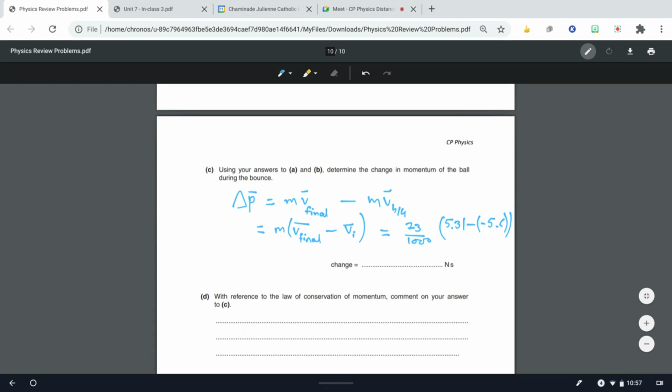So what should your answer be then? 5.31 plus 5.6, since that minus would change, times 73 divided by 1,000, is 0.796, or about 0.8 newton seconds. That's your answer. Right? Yes. Yeah.